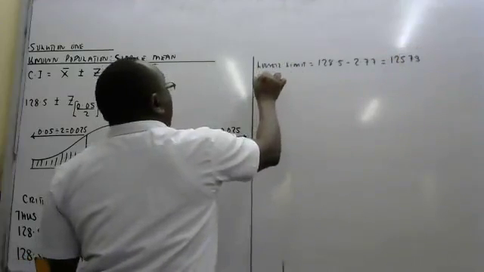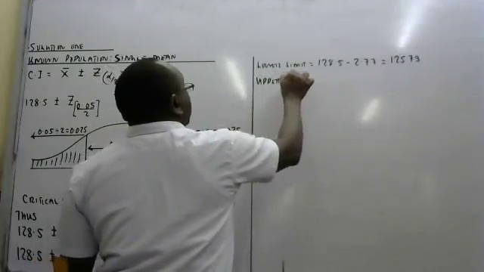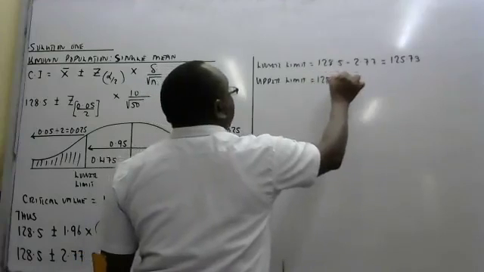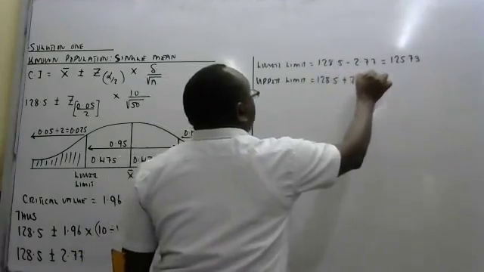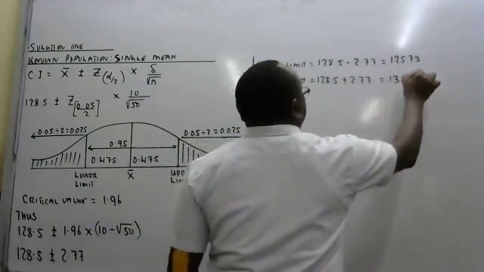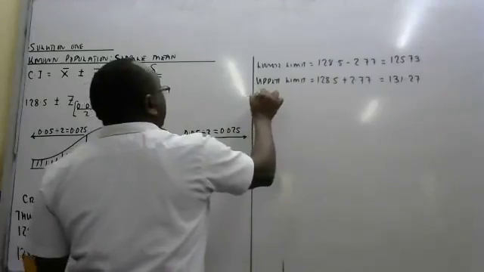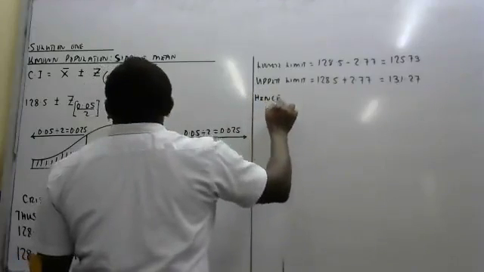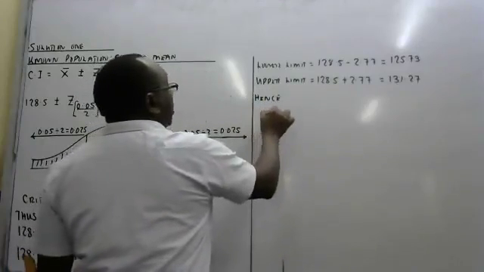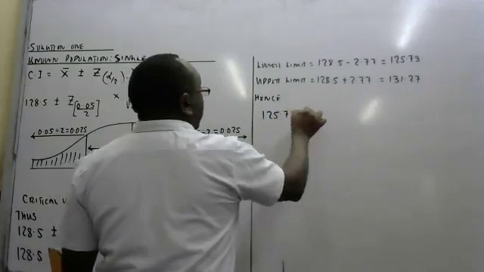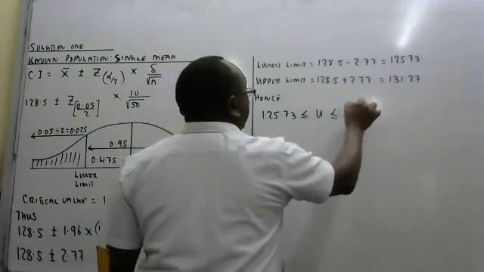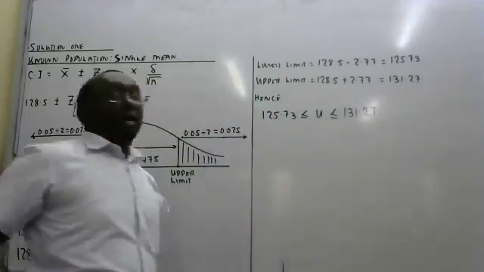If you want the upper limit, it is 128.5 plus 2.77, which is 131.27. Hence, 125.73 less than mu less than 131.27. I write it like that.